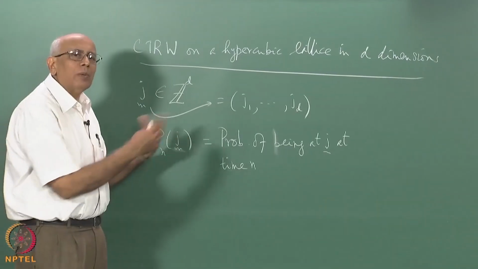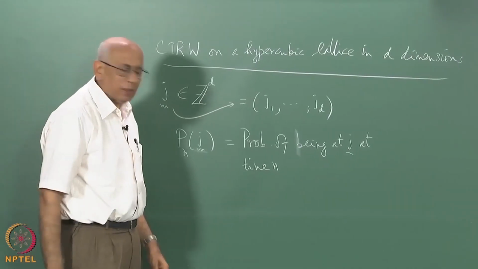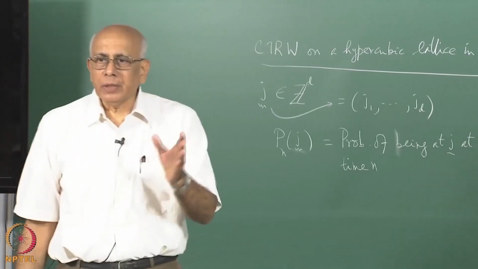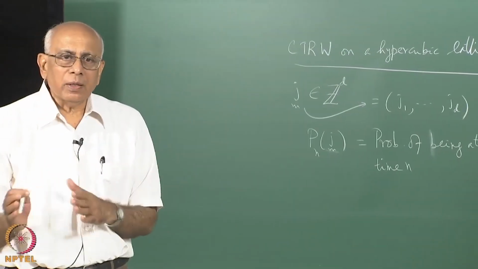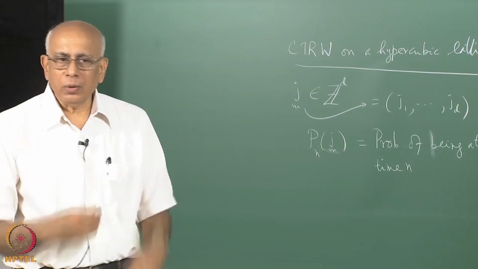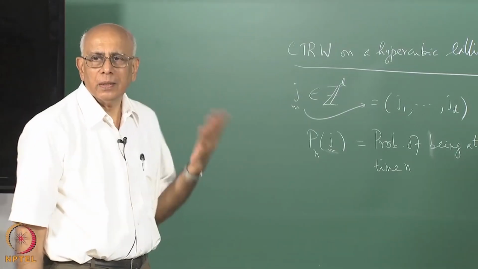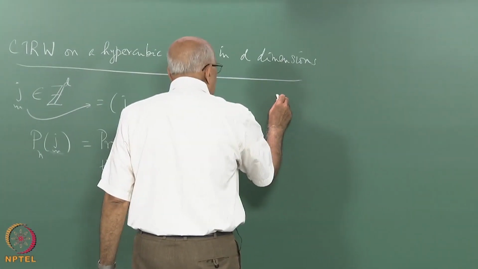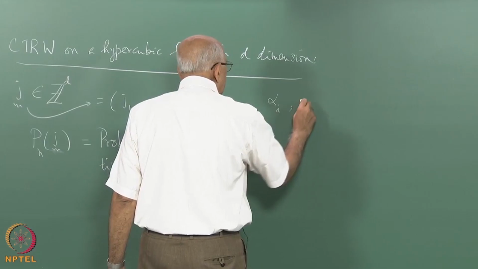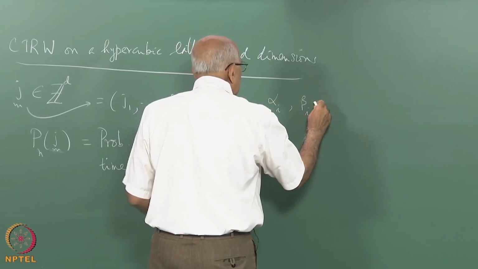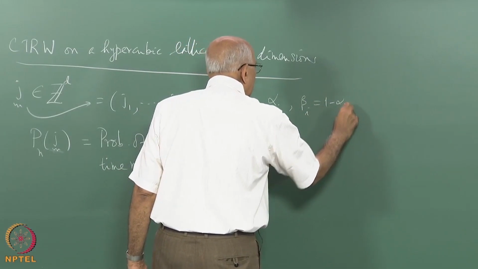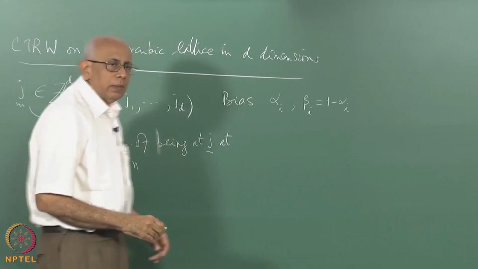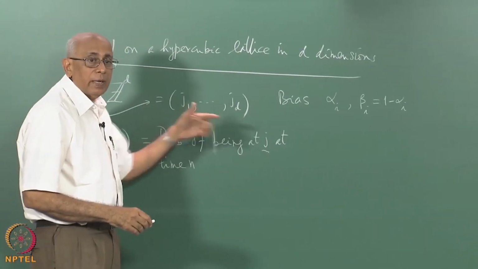It is some multinomial coefficient, because remember that in the case of one dimension it was just a binomial coefficient with some factors which depended on the bias to the right or to the left, etc. We could as well take a bias in this problem also. So let us suppose that you have bias factors alpha I and beta I equal to 1 minus alpha I. So these are bias factors where I is any one of these directions.